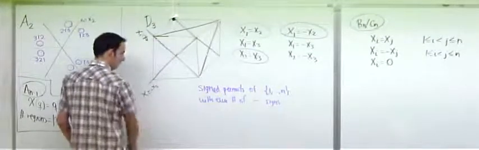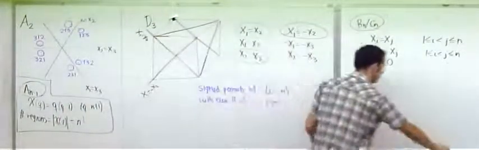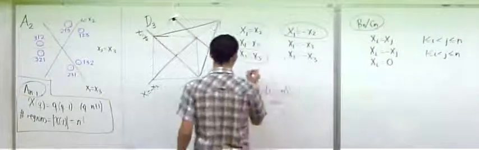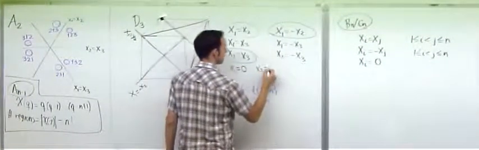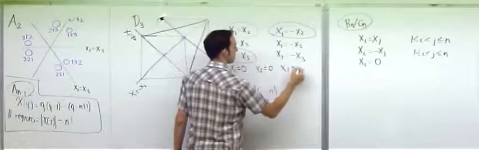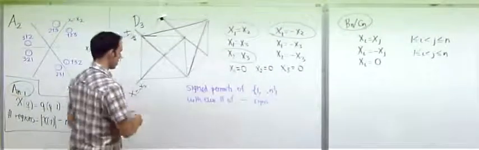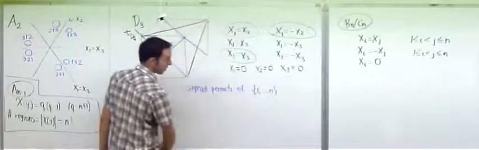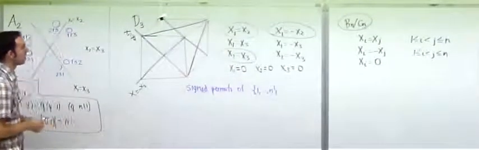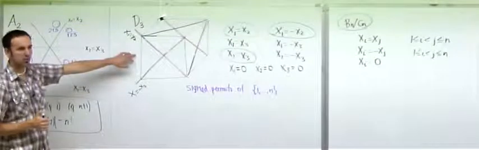So that's D3. But now we're going to make it B3, which means that we're going to add x1 equals 0, x2 equals 0, x3 equals 0. And as I told you, that is going to drop this condition on the number of sides. Okay? So you see where those hyperplanes go here?